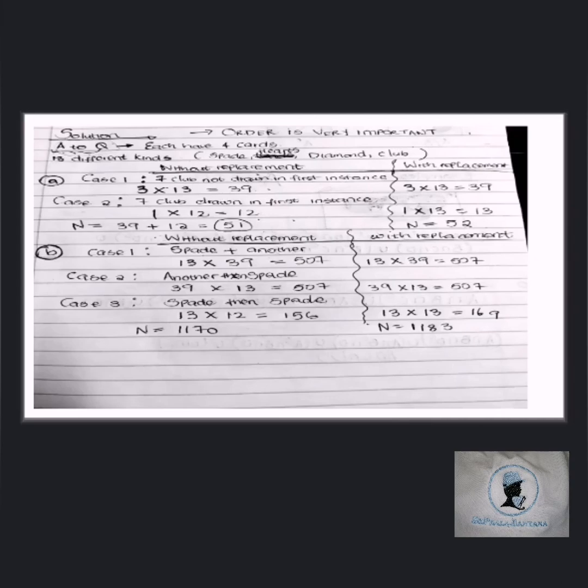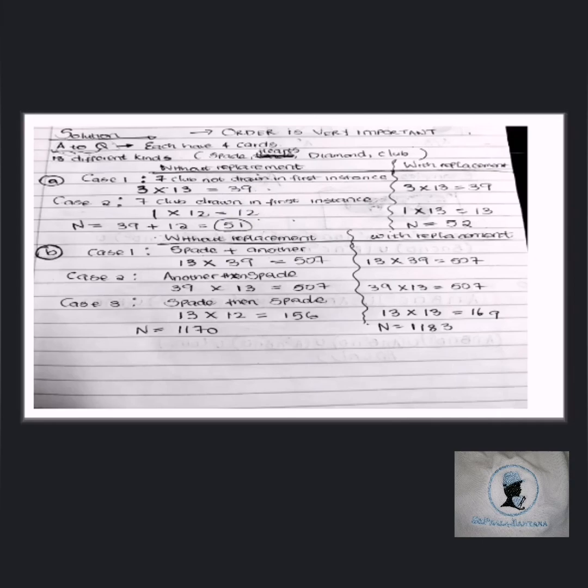So of the cards that are remaining, 12 of them are clubs, because you've removed the 7 of clubs, right? So we have 12 clubs remaining. So it will be 1 times 12, which equals 12.